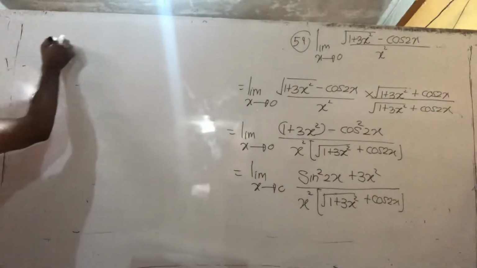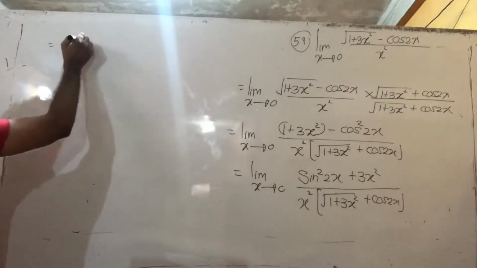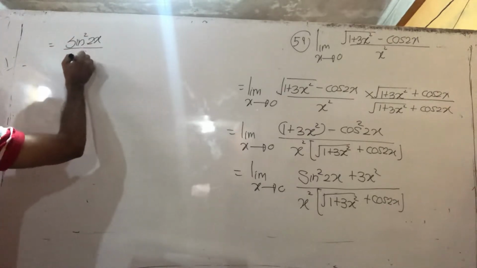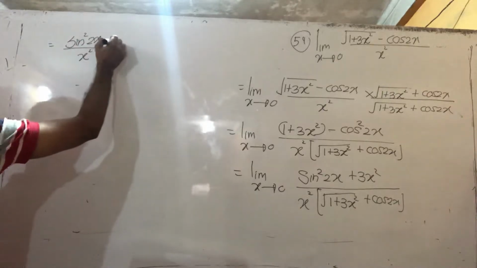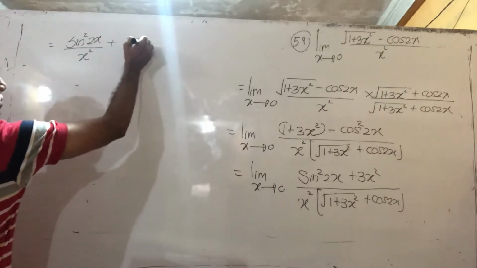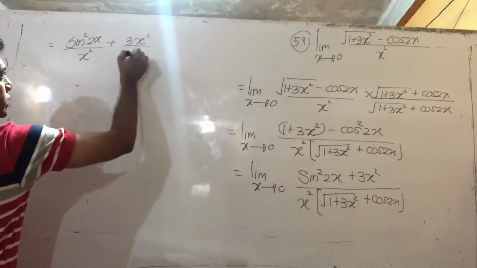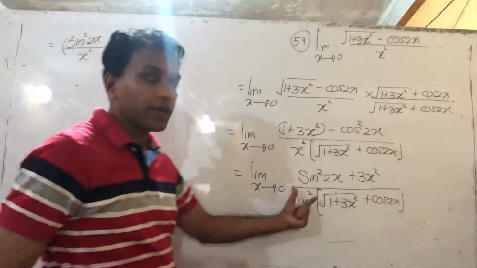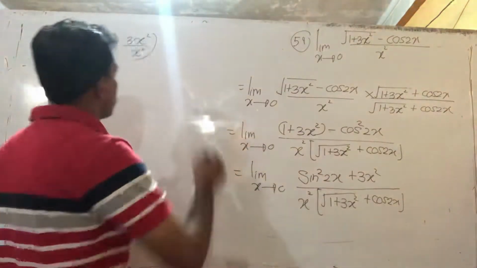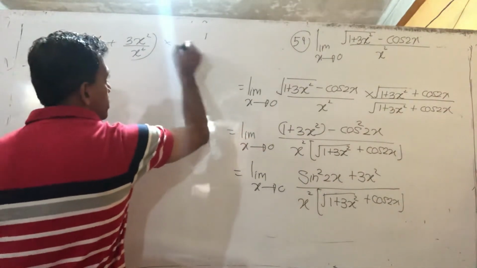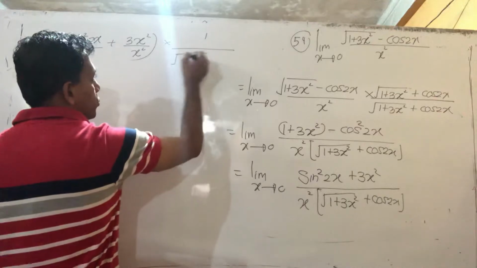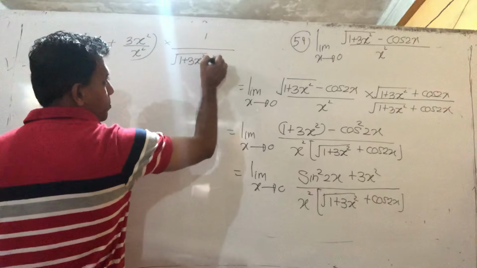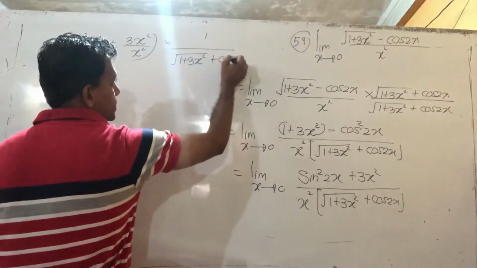So see this, sine square 2x over x square plus 3x square over x square. I write x square separately for each, and the remaining part is all multiplied, over square root of 1 plus 3x square plus cos 2x.